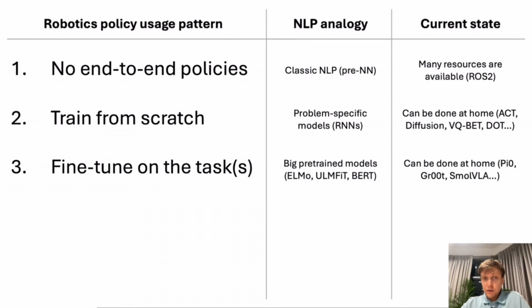In NLP, it was a very big step, and there were models like ELMo, ULMFiT, BERT, and so on that did it. Especially BERT was very loud because when they released it, it beat a lot of benchmarks, and they really improved the quality of many text models on many text data sets a lot. I'm not sure if I can say the same for robotics because we don't have many very good benchmarks that are very reliable.